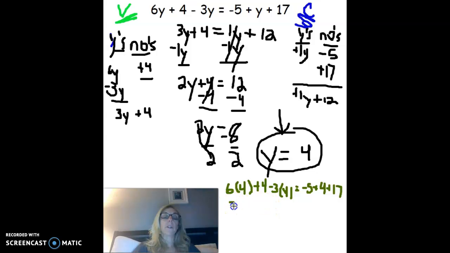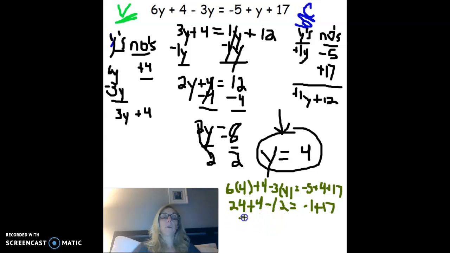Well, 6 times 4 is 24. And since I have to do multiplication first, I just bring down the plus 4. And then I have a -3 times 4, which is -12. And that should equal -5 plus 4 is -1 plus 17.